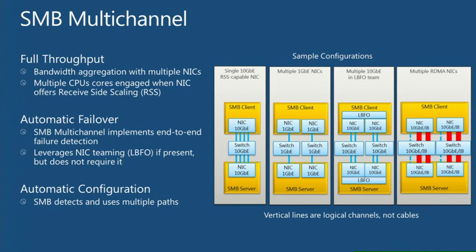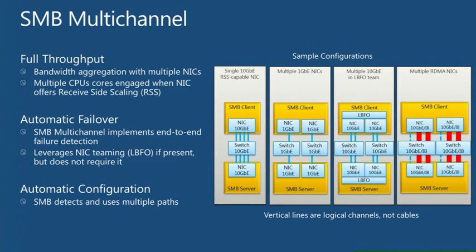So what we did in SMB is, automatically, when we detect that we have a NIC that has the capability called receive side scaling, which means I can use multiple TCP connections and spread across cores, we will automatically create additional connections. So if you have a single 10 gig NIC that is RSS capable and SMB detects that, it will create additional connections so that we can spread the load across different cores.